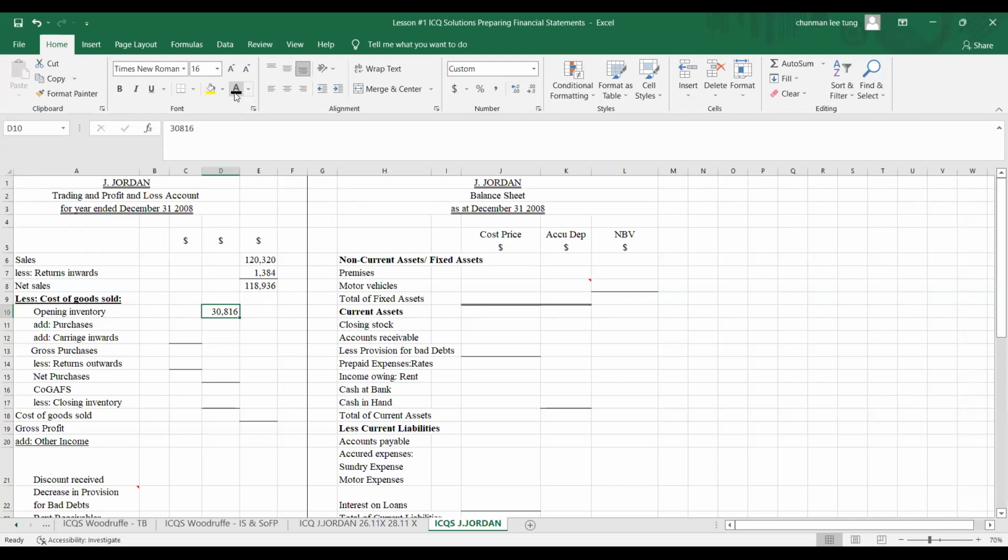As soon as we have finished with this, we have to add purchases. Purchases will be in our first column, in the question, 84,290. What is our carriage inwards?